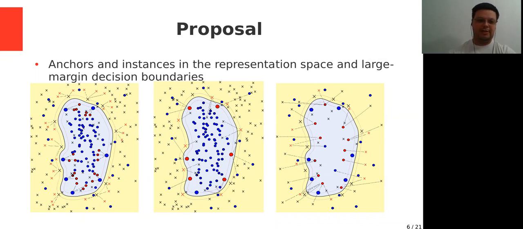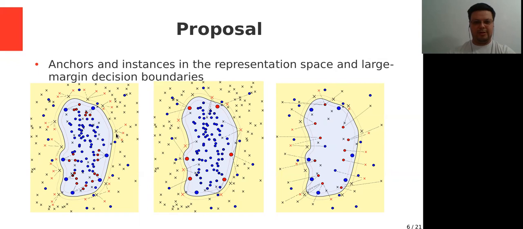So in the first image here, we have the example of our first calculation of our loss function. In red here, we have the anchors. In this case, these 3 instances are anchors for this support vector. So we measure the distance from one support vector to 3 anchors. We sum all these distances, and of course, the optimizer tries to minimize this value.